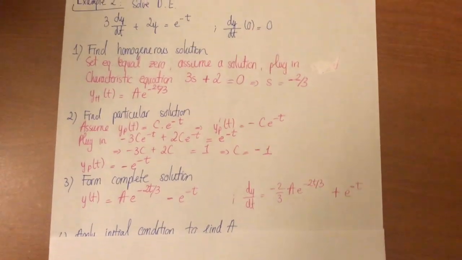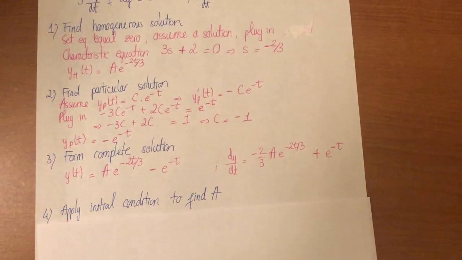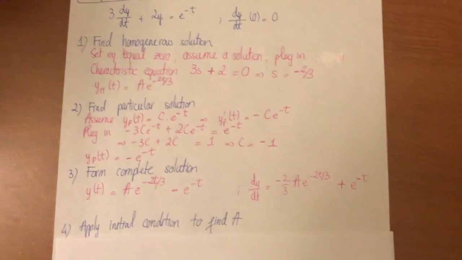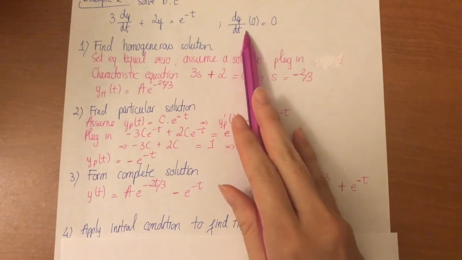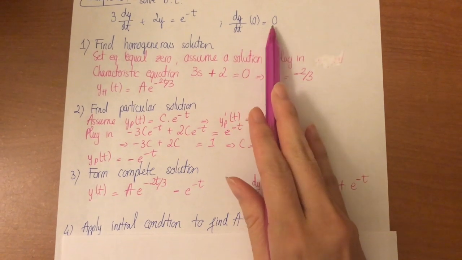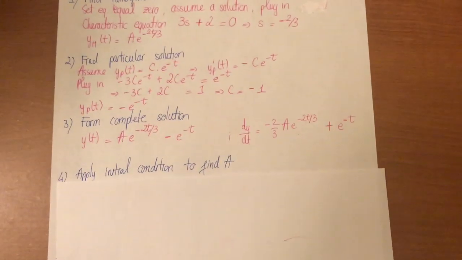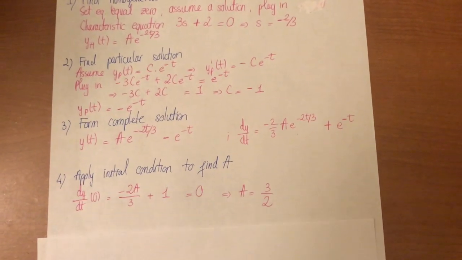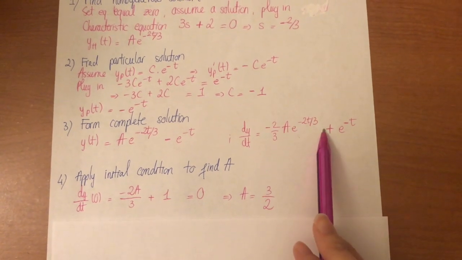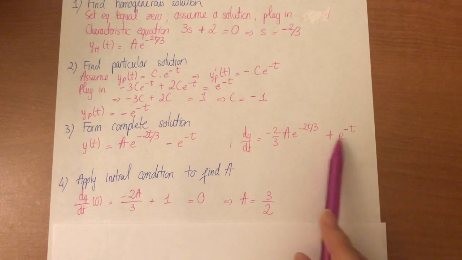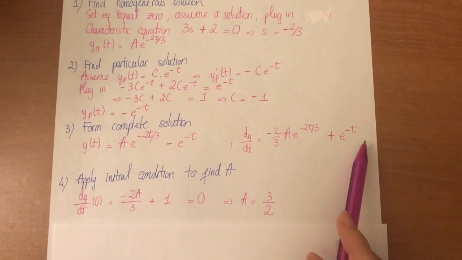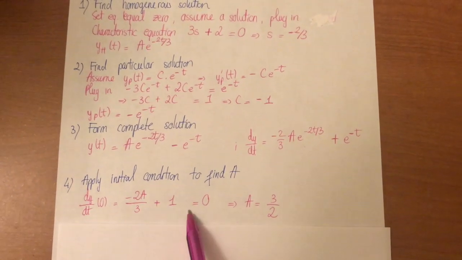Okay. Last step, we apply the initial condition to find a. The initial condition we have was the derivative at time 0 equals 0. We plug 0 into this equation. We get minus 2 over 3 a plus 1, since e to the minus 0 is 1.